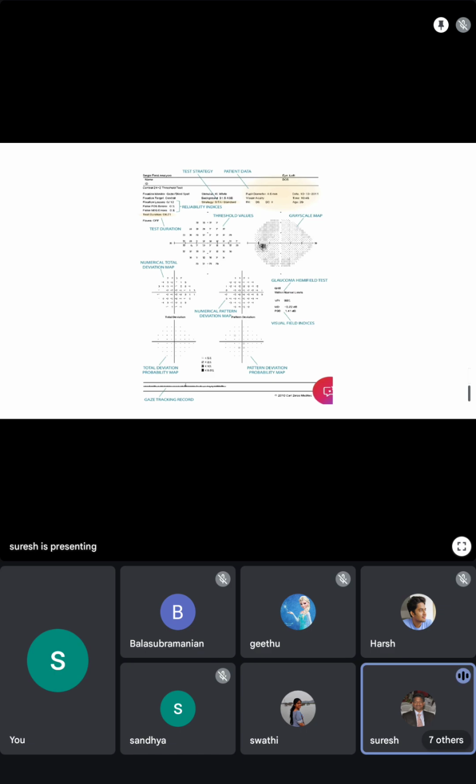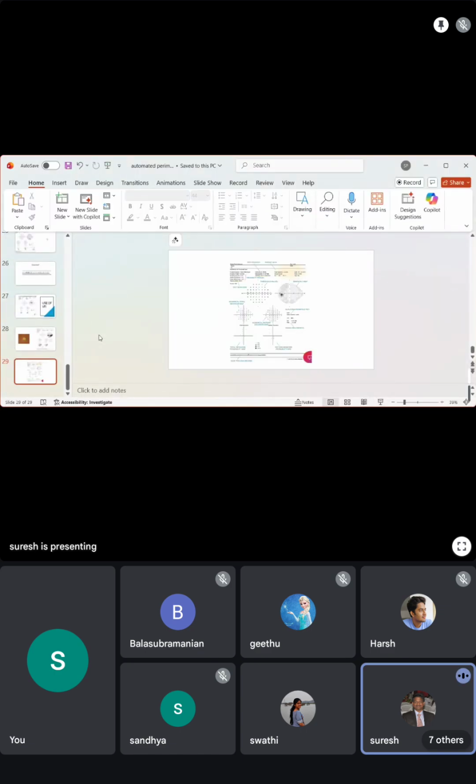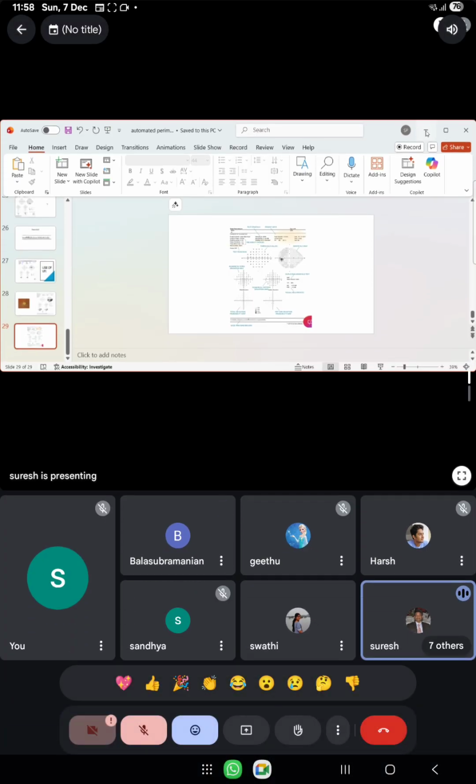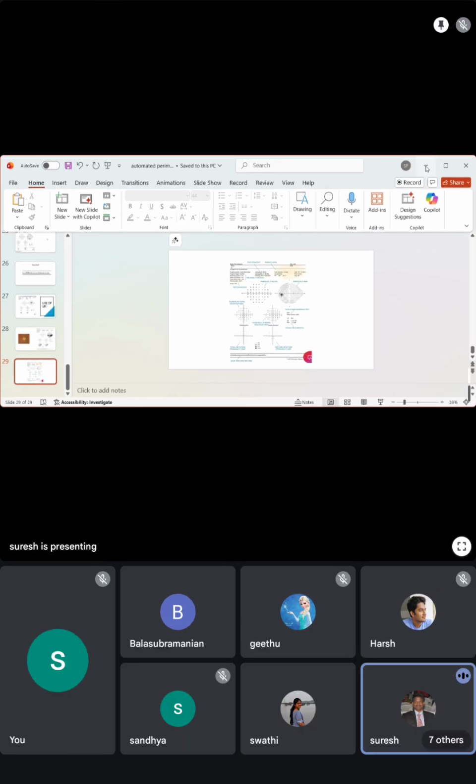So that brings us to the end of this session. I request all PGs to participate more actively. Sheetal, Geetu, they don't want to let us hear their voices. Bhavya and all, they are just typing. They are not answering. Why? Okay.